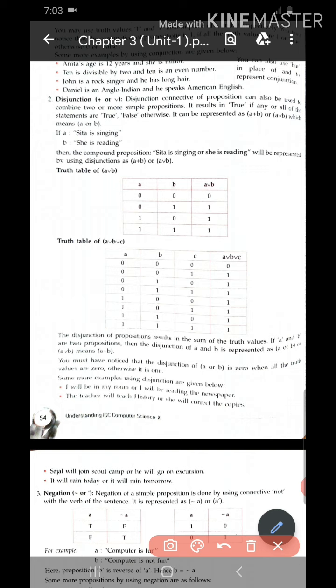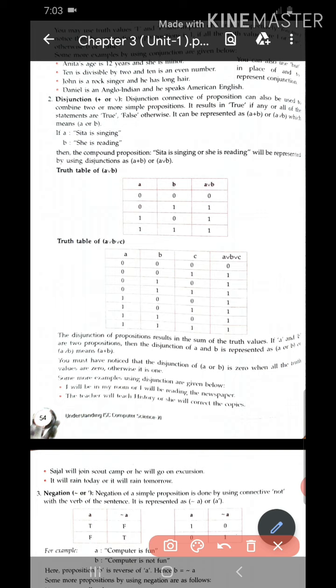See here, in the second case B is true, in the third case A is true, and in the fourth case both are true. Means any one is true or both are true, then it indicates that the condition is true, otherwise false.